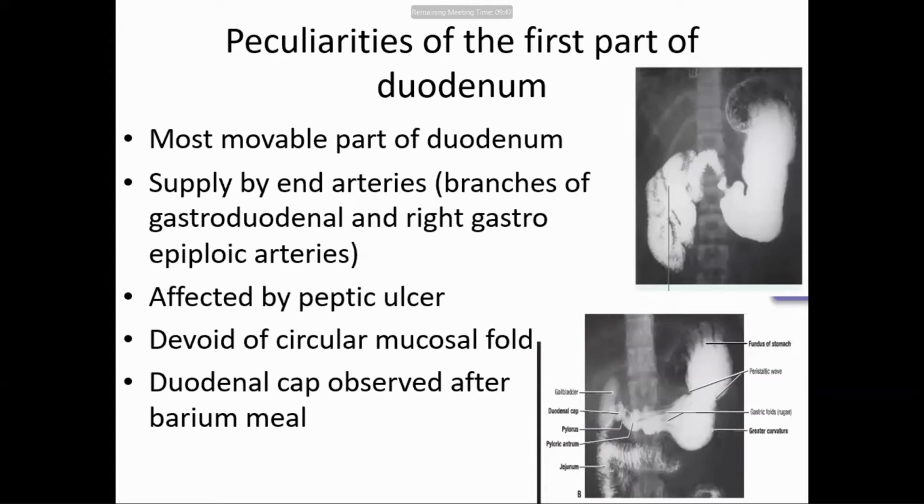It is supplied by the end arteries, devoid of the circular mucosal fold known as the valve of Kerckring or the plica circularis. Duodenal cap is observed. See here, this triangular elevation or triangular bulb is called the duodenal cap, which can be observed after the barium meal.